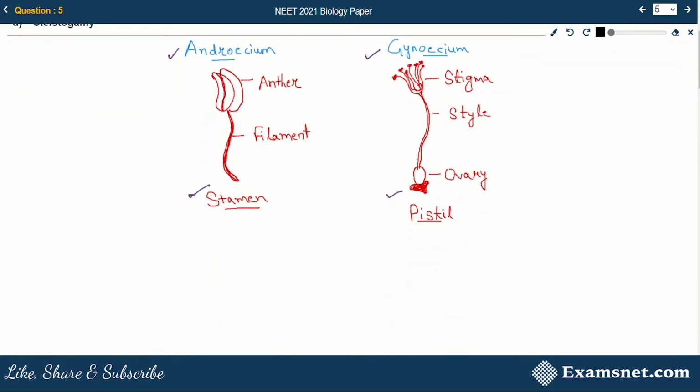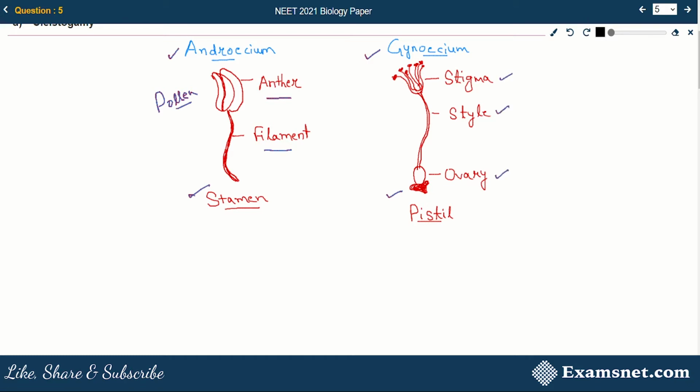Okay, so as you can see here, a stamen consists of a long slender part called filament and a terminal, generally bilobed structure called anther. Now, this anther is the part where pollens or male gametophyte are produced. Okay, and as you can see, the pistil consists of a stigma, a style, and an ovary.